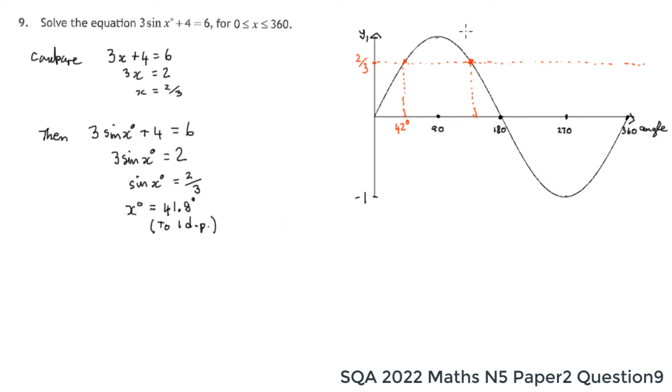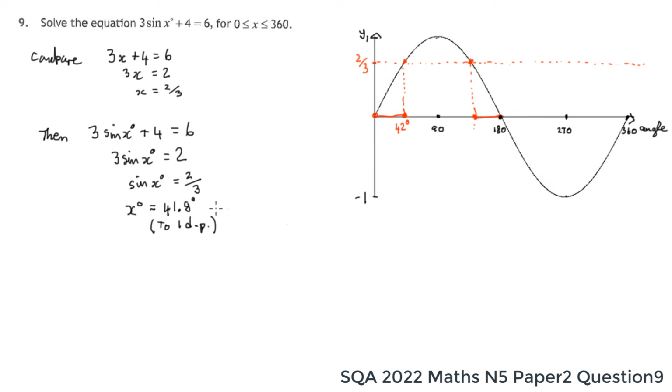Now by the symmetry of this, if we've travelled from 0 to 42 degrees, then travelling from 180, the same distance along this angle axis, back the way, we would end up at the required angle. So we have to take 180 and subtract this angle, 180 minus the 42, to get the angle we're after.